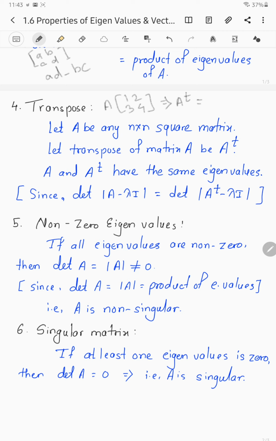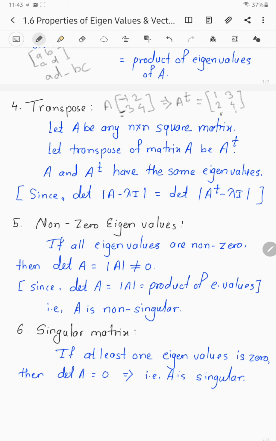In matrix A, 1, 2 is the first row, and I write this row as a column, so the first row becomes the first column. The second row, 3, 4, becomes the second column. This is nothing but the transpose.